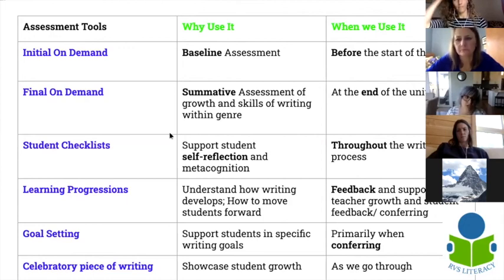So don't be afraid to introduce the genre if it's something they might not even be familiar with. Even just the wording people use, it's like an opinion piece. Well, it's an argument. Well, what's the difference, right? Let's talk about what argument writing actually means.